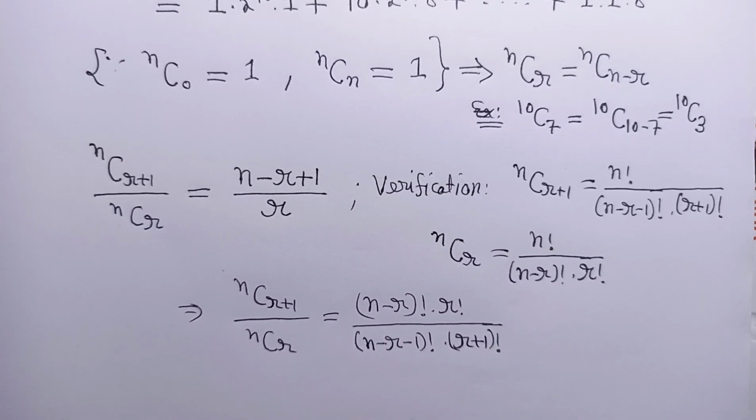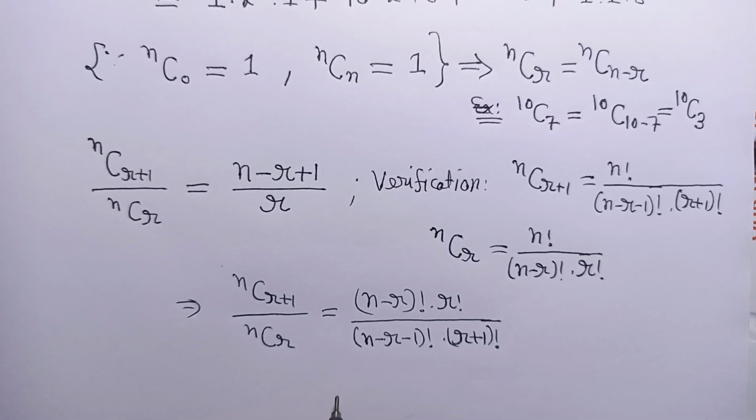Okay, so how to simplify further? You can do one thing. You can write it as n minus r, next term will be what? You can write (n minus r) into (n minus r minus 1) factorial, because we are subtracting bigger terms.